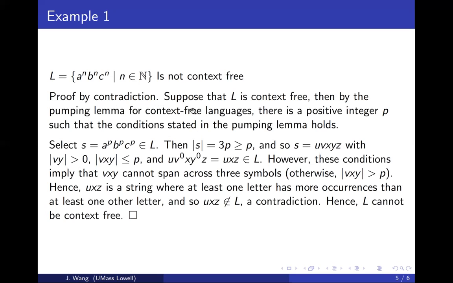So it's a proof by contradiction. Suppose that L were context-free. Then by the pumping lemma for context-free languages, there is a positive integer P such that the conditions stated in the pumping lemma hold. There are 3 conditions.